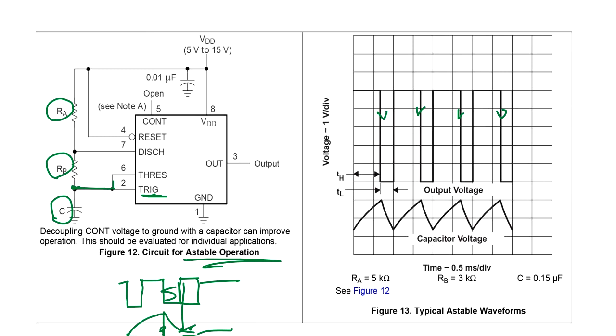Okay, so when it discharges, it triggers again, discharges, triggers again. By doing this, it oscillates. So the output is going to be like this. This is going to be the output logic signal.